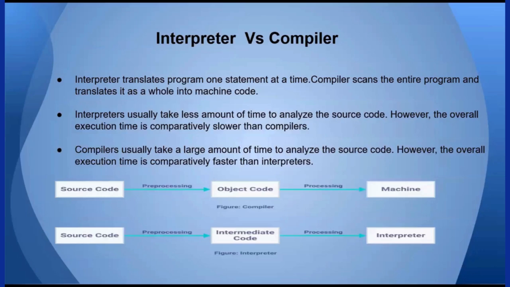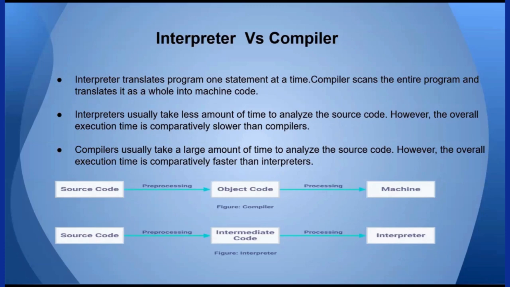The next thing is interpreter vs compiler. As I told you, Python uses an interpreter as a translator, correct? Basically there are two types of translator, interpreter and compiler. Like the C language uses a compiler and Python uses an interpreter. So what is the difference?